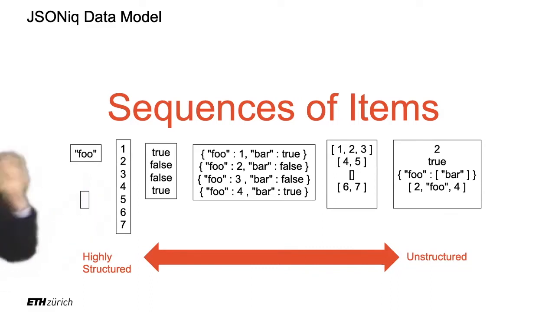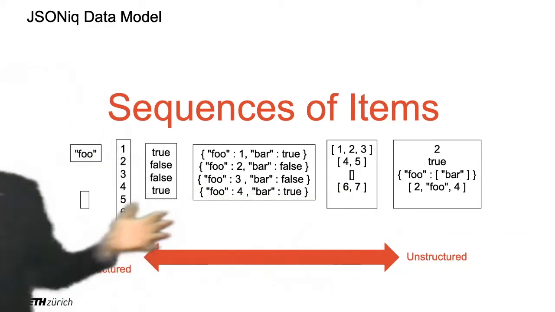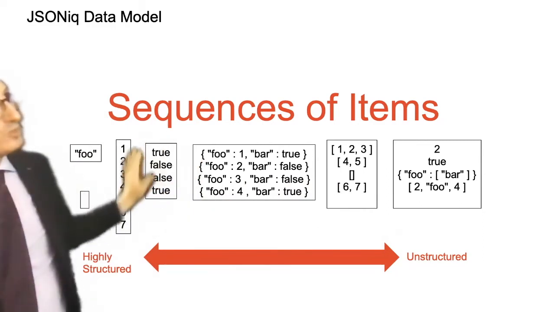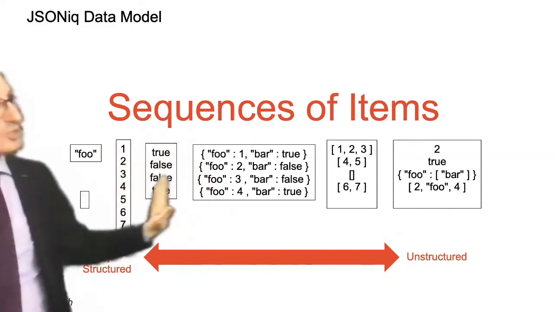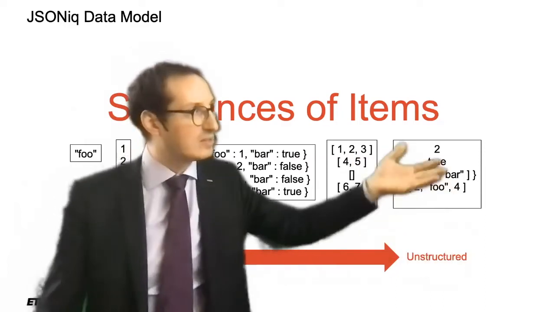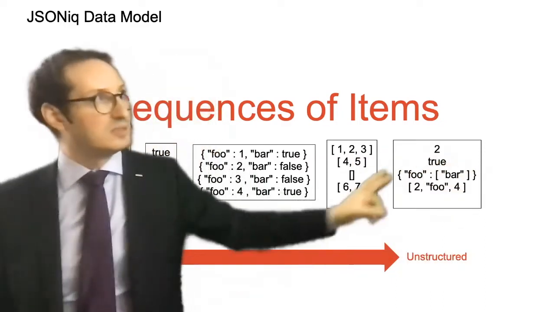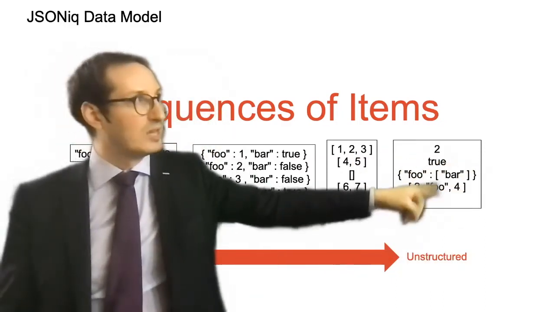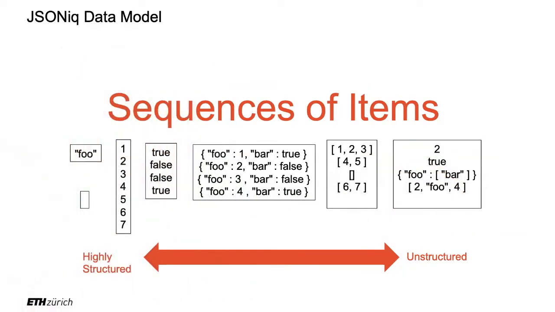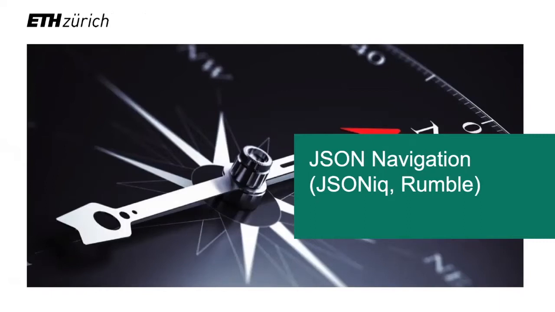The empty sequence is not the same as null. It's just a sequence that has no items at all. So you see, it's the whole spectrum from unstructured to structured. RumbleDB is very good at executing the structured ones very fast and efficiently, and then it gracefully deteriorates in performance, but can still deal with these heterogeneous sequences. This is where relational systems, or Spark SQL and so on, would break.